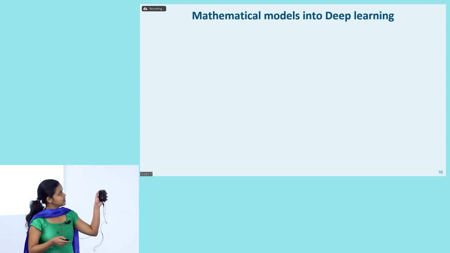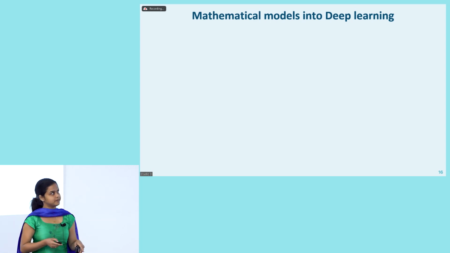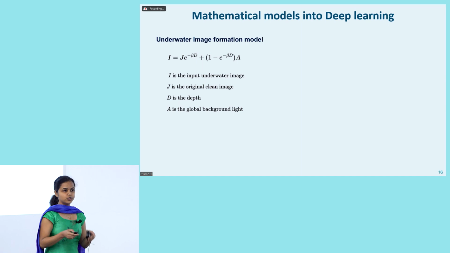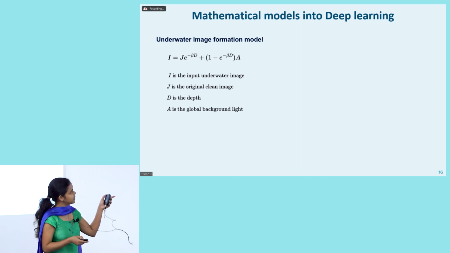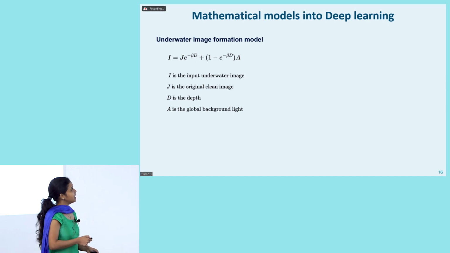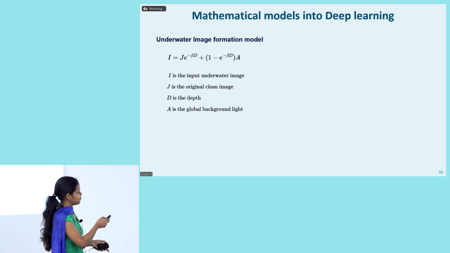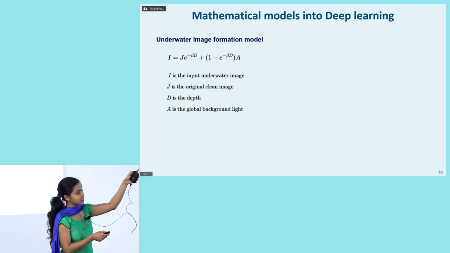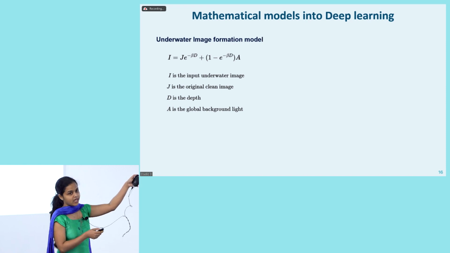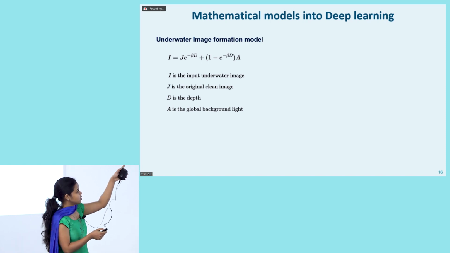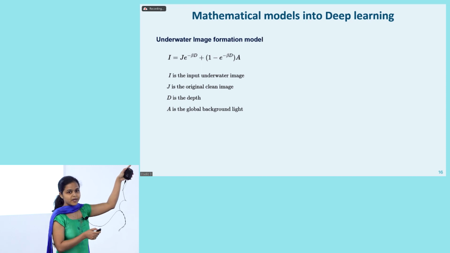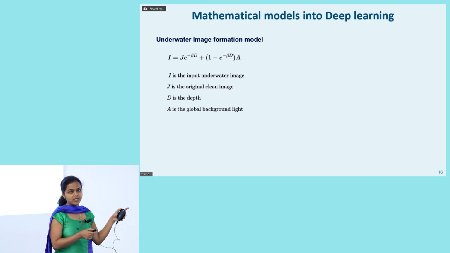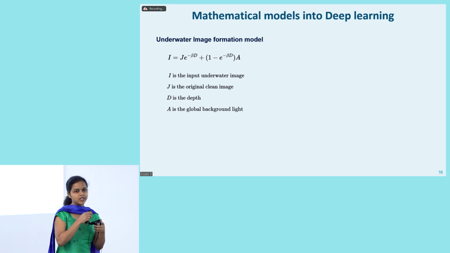So how can I club this mathematical model into deep learning? I have used two mathematical models. The first one is the underwater image formation model. Here you can see, the underwater image I can be represented as J into e raised to minus beta d, plus 1 minus e raised to minus beta d, into A. J is the clean image, and e raised to minus beta d is the attenuation factor, that is, how much it is attenuated after capturing.